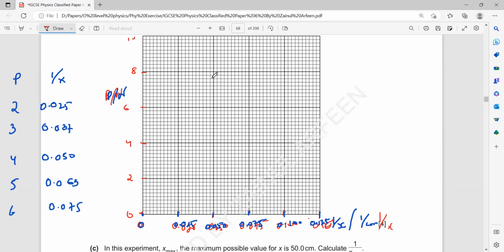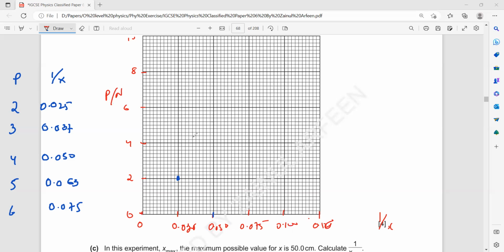Now, plotting the results. So first, when P is 2, 1 over X is 0.025.